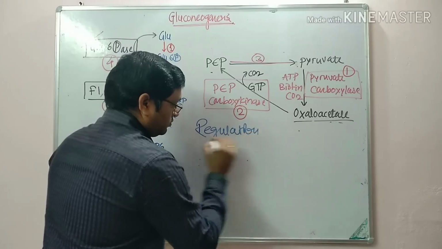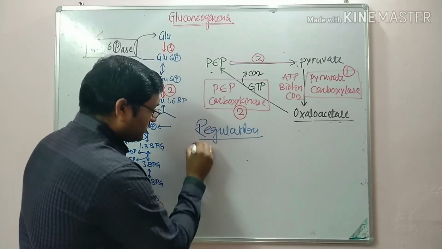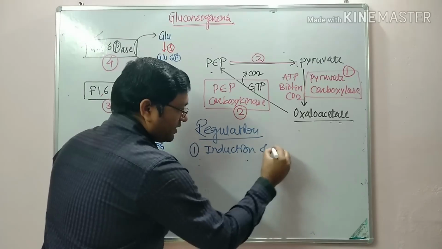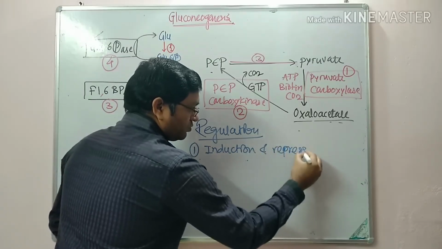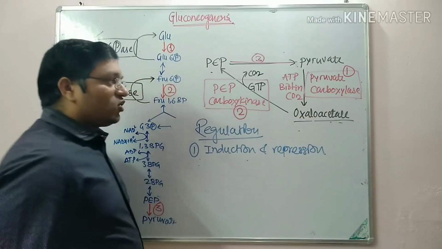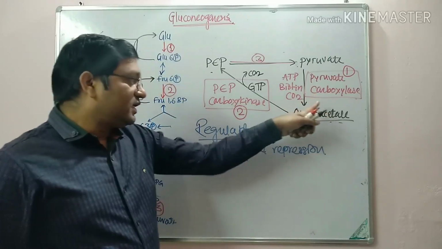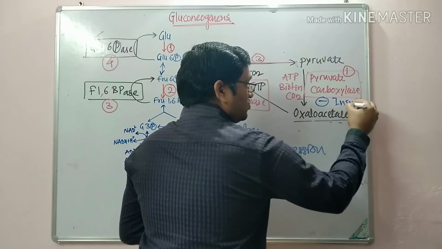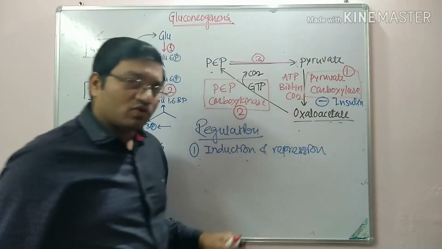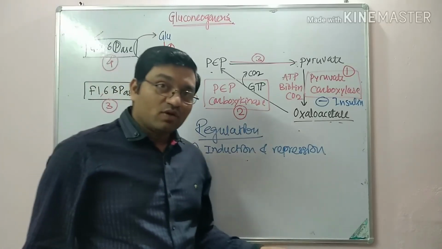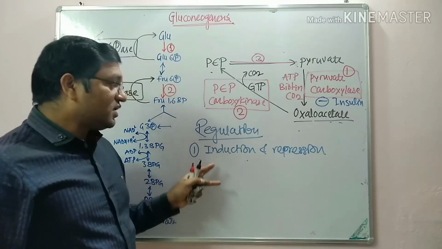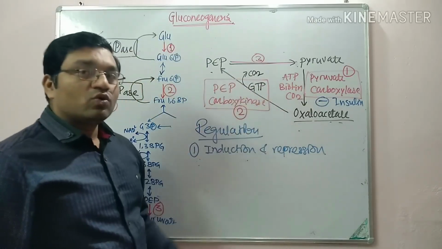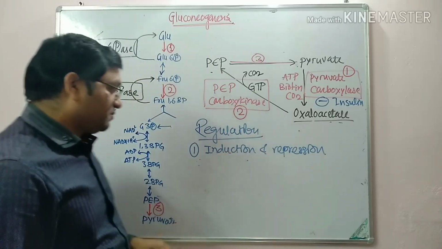First regulation is the induction and repression. Pyruvate carboxylase is repressed by insulin. So insulin inhibits this pyruvate carboxylase. Insulin favors glycolysis but inhibits gluconeogenesis, while glucagon and glucocorticoid induce these gluconeogenic enzymes.